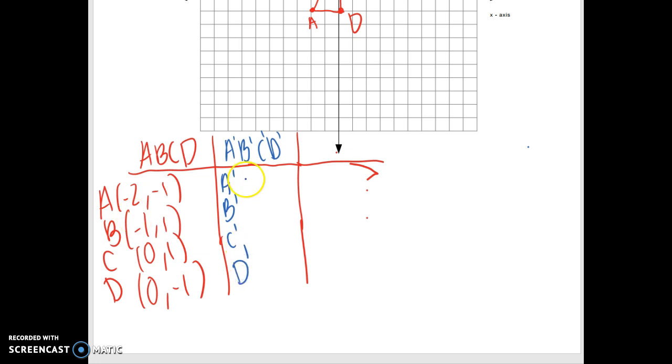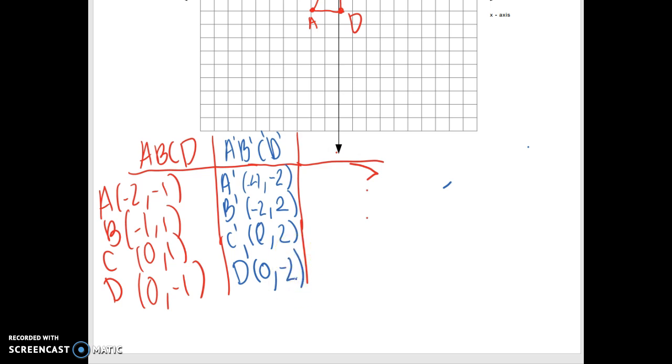So -2 times 2 is -4. -1 times 2 is -2. -1 times 2 is -2. 1 times 2 is 2. 0 times 2 is 0. 1 times 2 is 2. 0 times 2 is 0. -1 times 2 is -2.